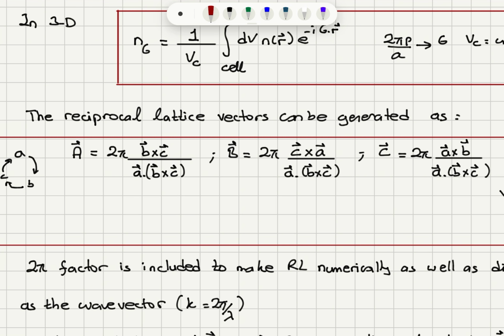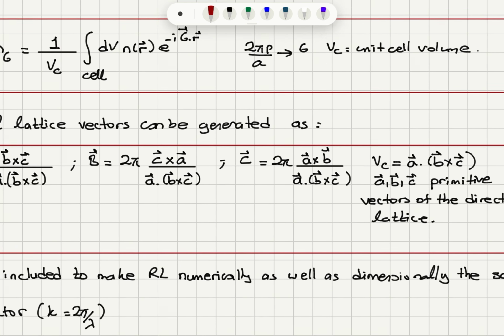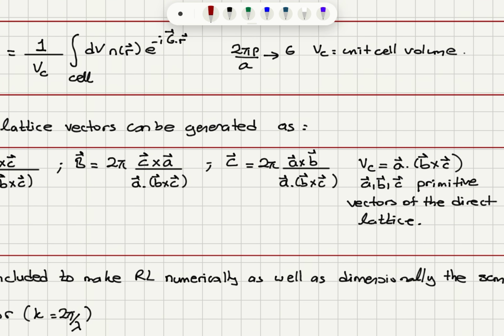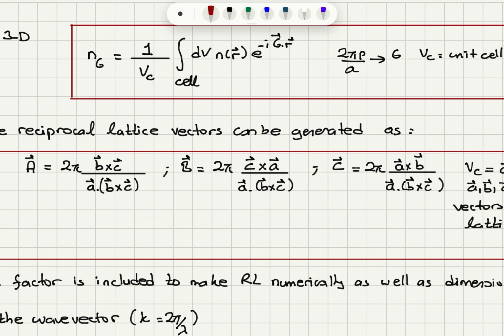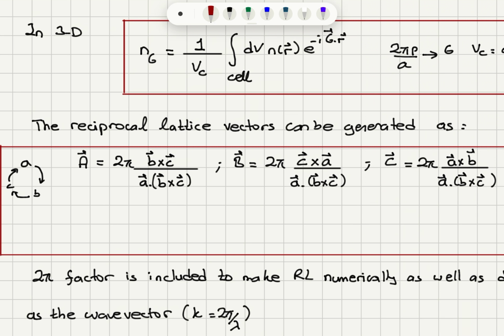Now this reciprocal lattice vector can be generated using the following. The reciprocal lattice vector A is 2 pi b cross c divided by a dot b cross c. What is a dot b cross c? That's the volume of the parallelepiped created by the primitive translation vectors a, b, and c. So that's the volume of the unit cell. And the B vector is 2 pi c cross a divided by a dot b cross c, and the C vector is 2 pi a cross b divided by a dot b cross c.